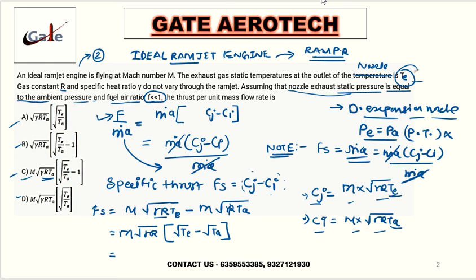Now I will take Ta common, because I need to satisfy this, because it is present everywhere. Okay, there is some mistake, let me tell you, this is nothing but Te. This is Te only. So now I take Ta common from here. So this becomes M root of gamma R Ta, and this becomes root of (Te by Ta) minus 1. So this is your answer, and option C is correct in this.